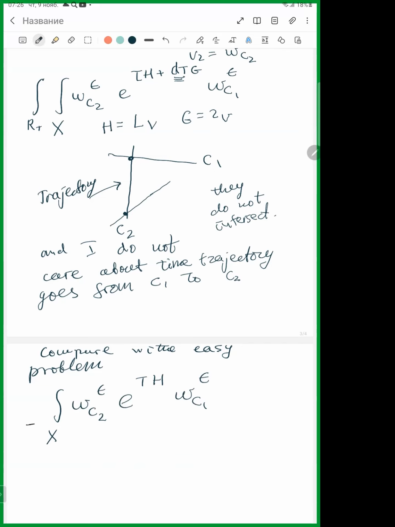You see the difference is that here I do not have an integral. It is a function of t.